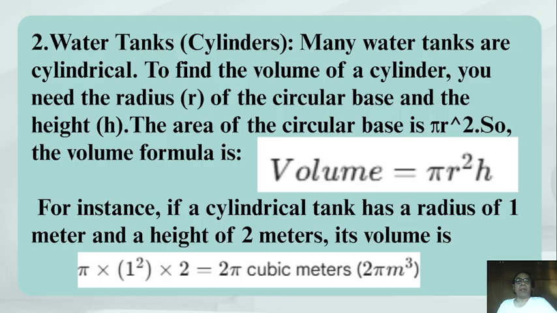So the volume formula is volume is equal to pi r squared times the height. For instance, if a cylindrical tank has a radius of 1 meter and a height of 2 meters, its volume is pi times 1 squared times 2, which is equal to 2 pi cubic meters.